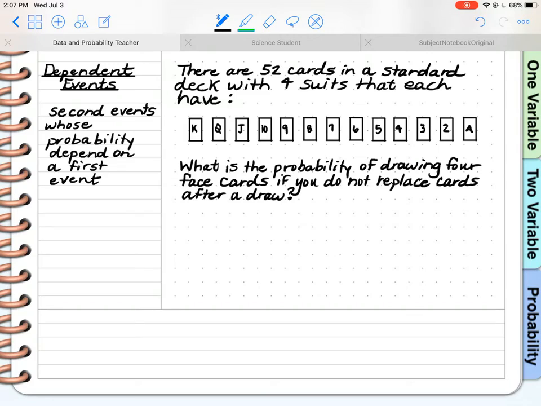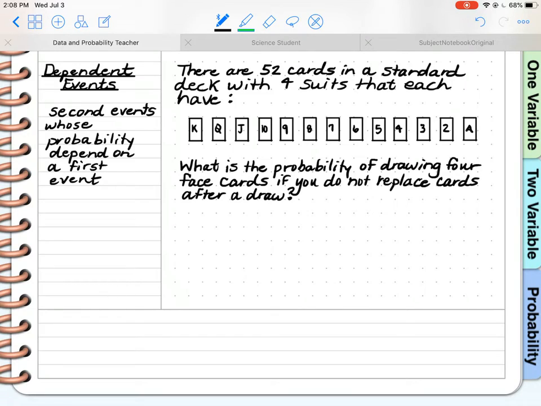And to show you how to do this, I have given you the example of a standard deck of cards. There are 52 cards in a standard deck with 4 suits, and that means your diamonds, hearts, clubs, and spades, the suits, that each have a king, a queen, a jack, 10, 9, 8, 7, 6, 5, 4, 3, 2, and an ace.